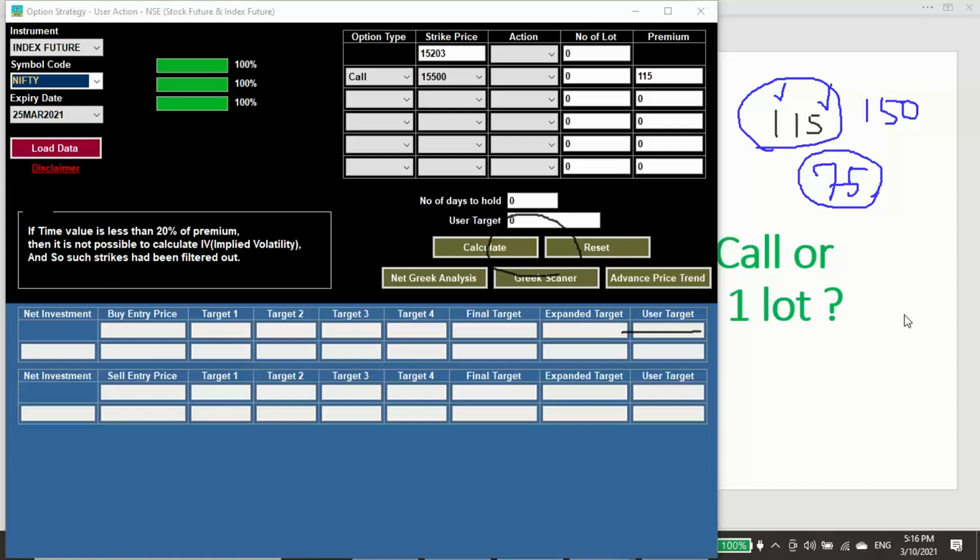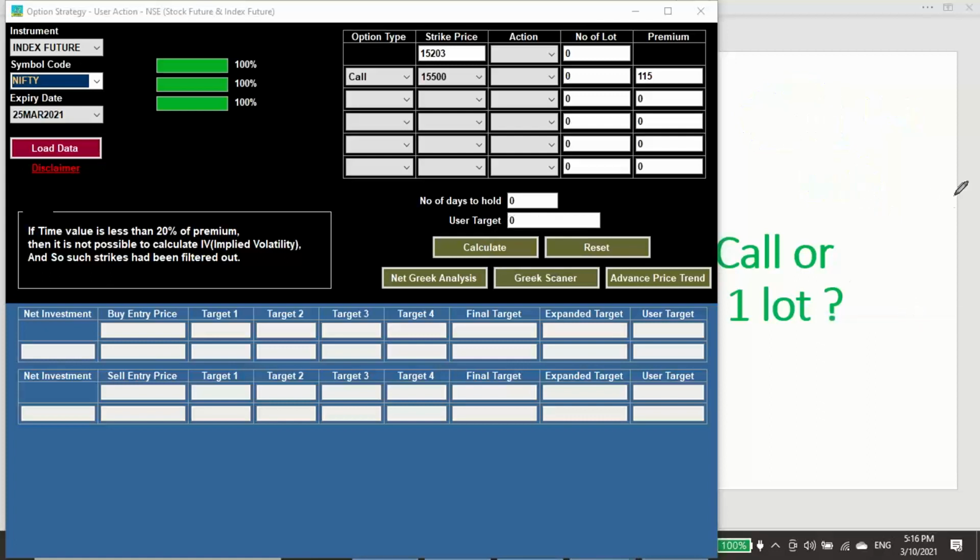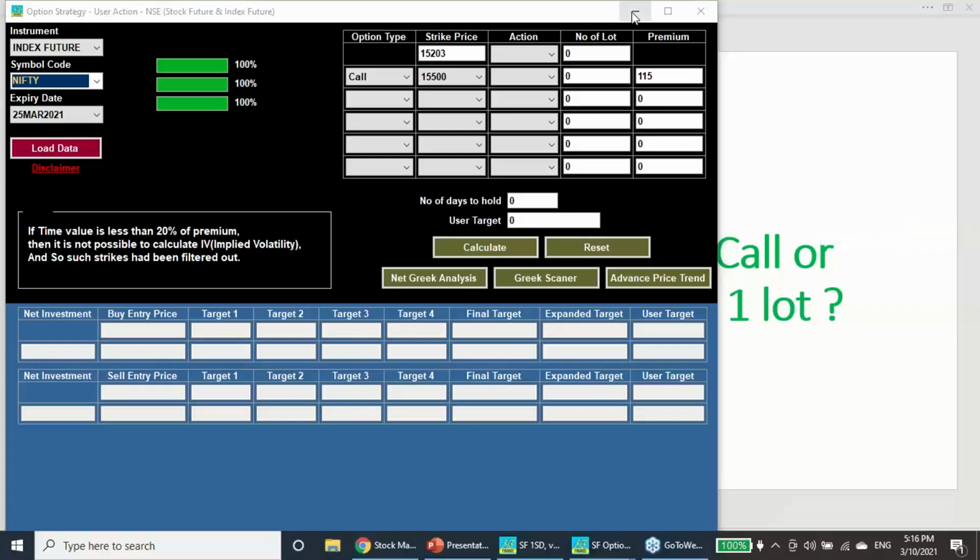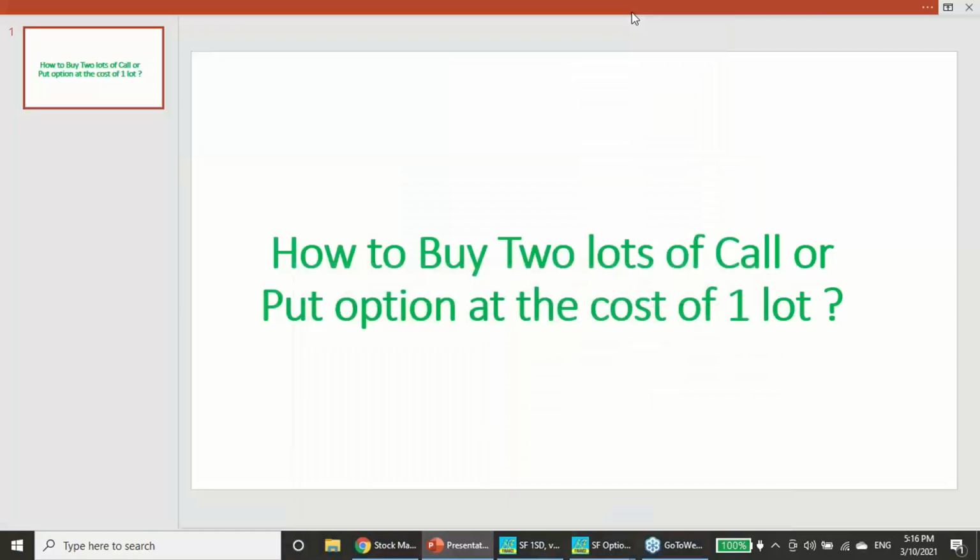So one small way we can change our style so that we can make this possible. In 115 rupees, I am going to buy two lots of call options. In the same process, you can also buy two lots of put options at the cost of one.